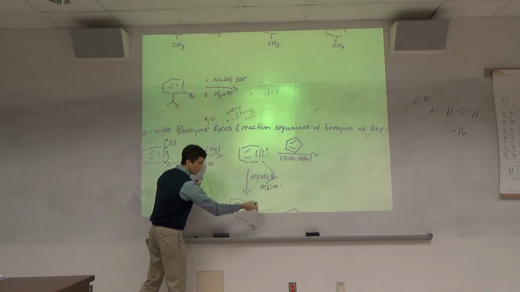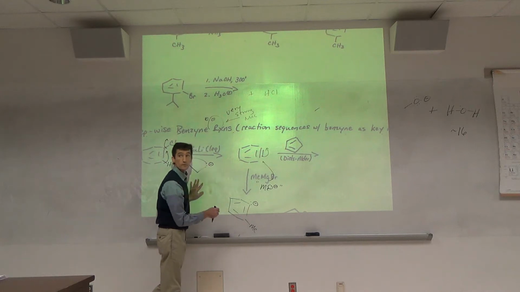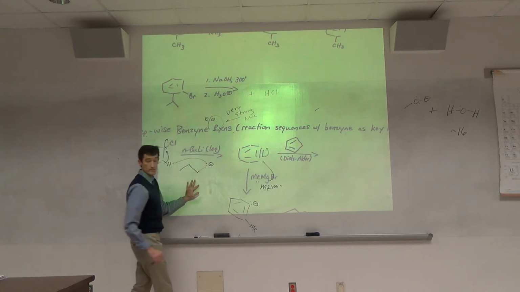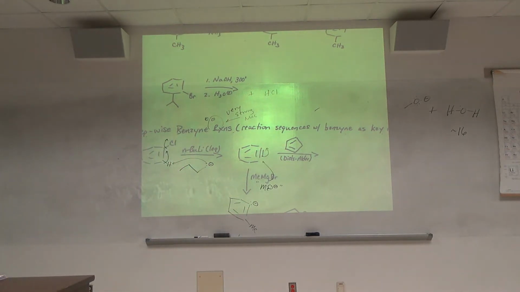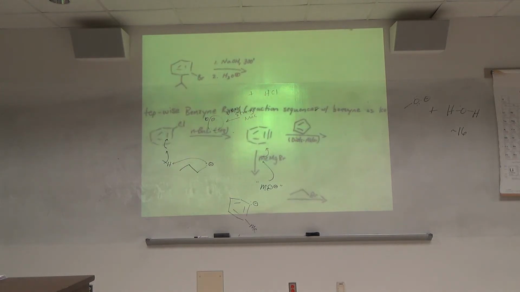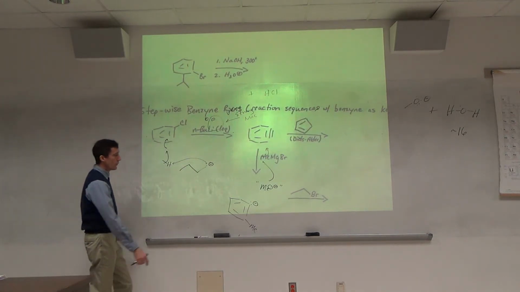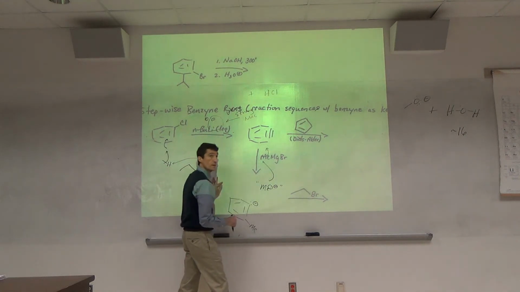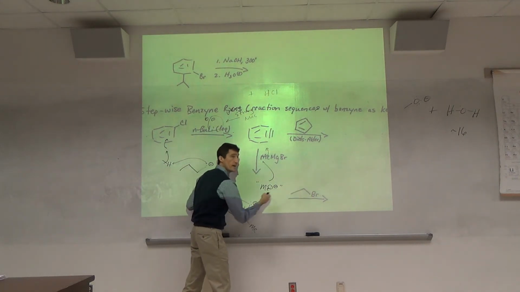Now you might could do a proton transfer, but this doesn't need to lose a proton. So this is not going to immediately transfer. What's the next reagent? What if we then throw in this? What type of reactivity do we have here?